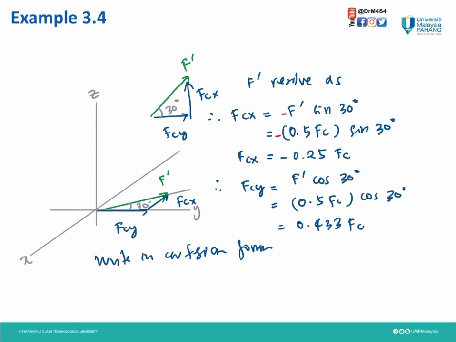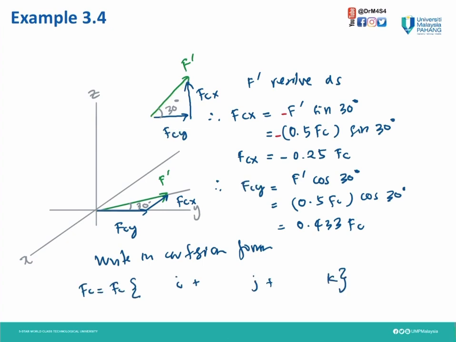Next, we resolve our F prime to the Y axis. So FCY is F prime cos 30 degree. So we get our FCY is 0.433 FC.